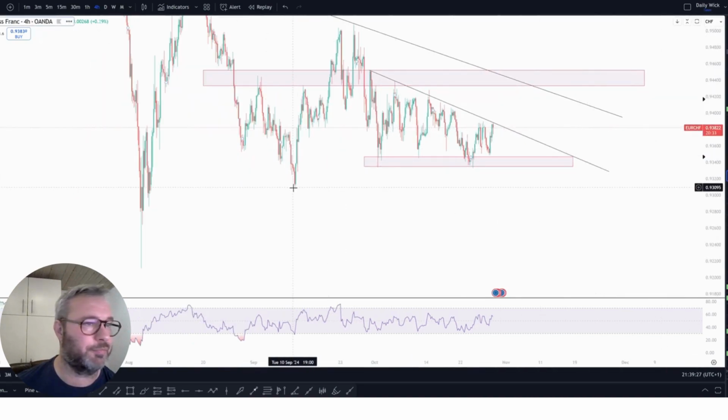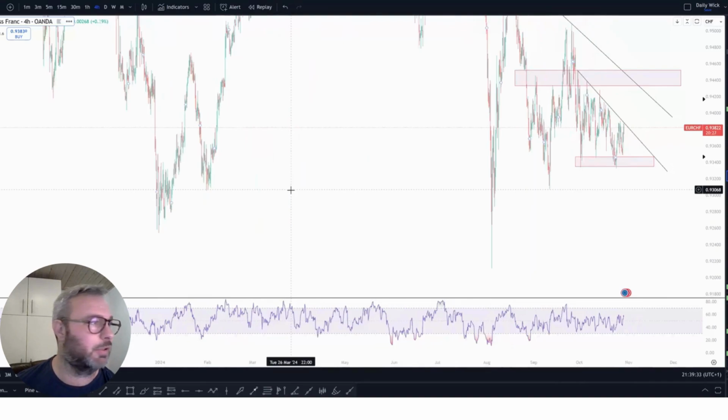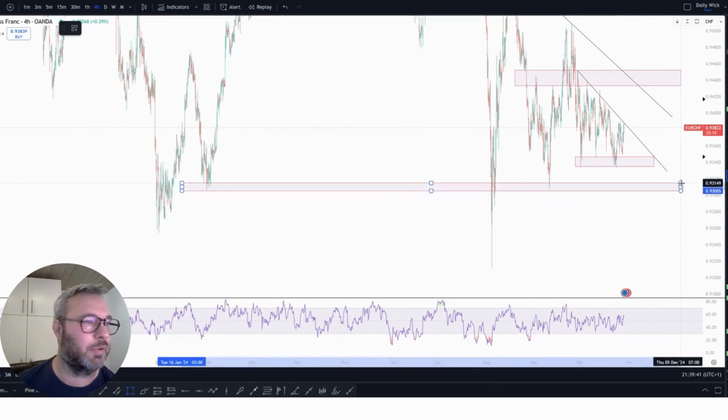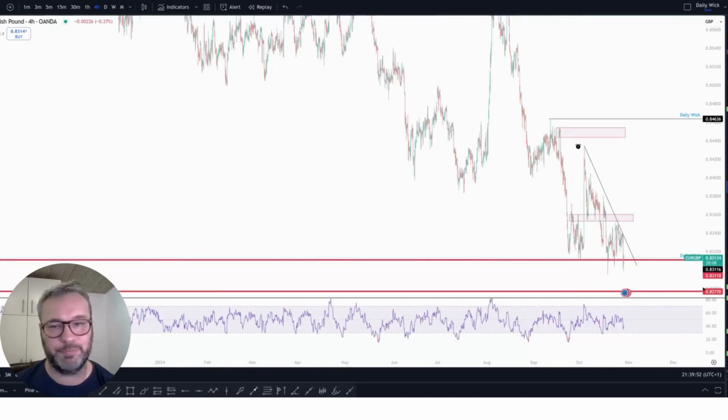I want one more down here. Like this. See, I use this wick here and this bottom. So on to the next pair.